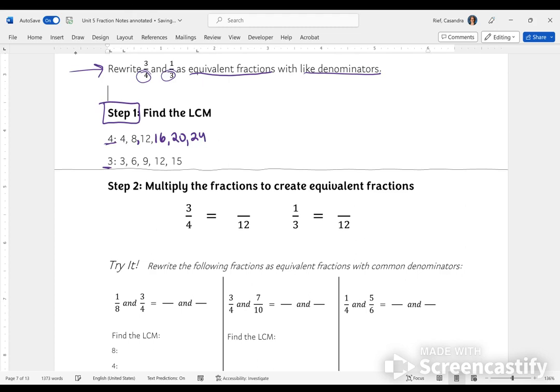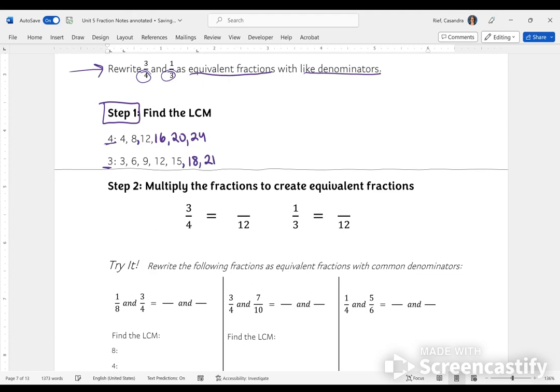Here I have 3, that's the denominator for 1/3, and we listed the multiples. 3, 6, 9, 12, 15, and again, we could just keep on going. 18, 21.